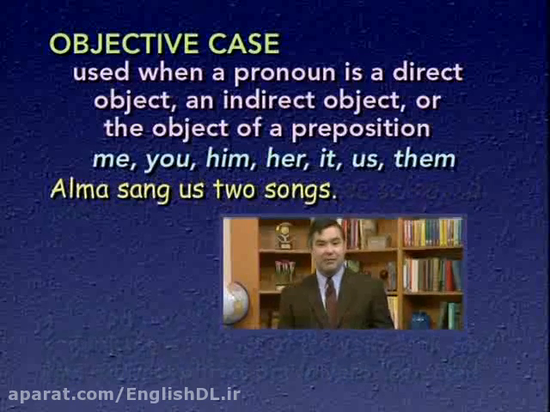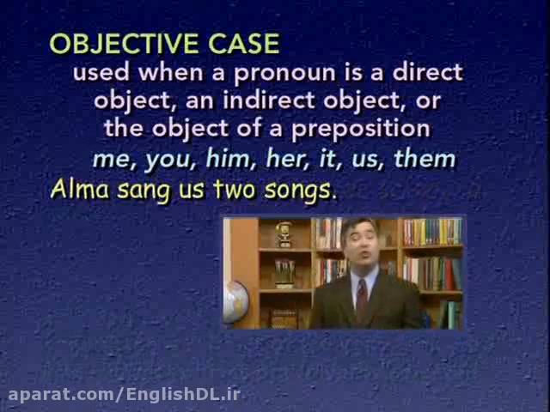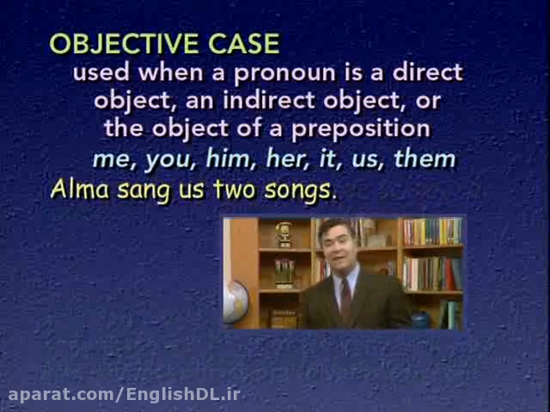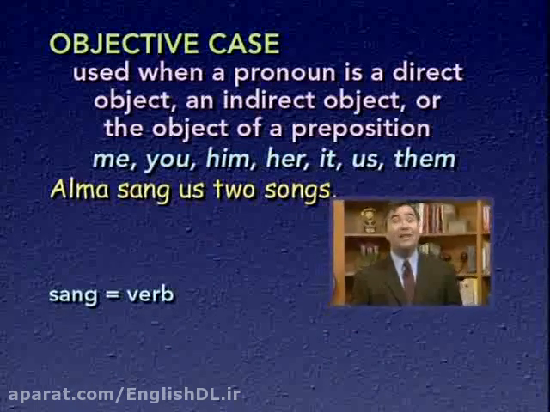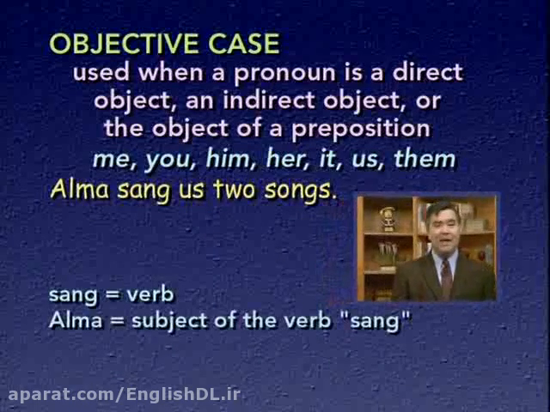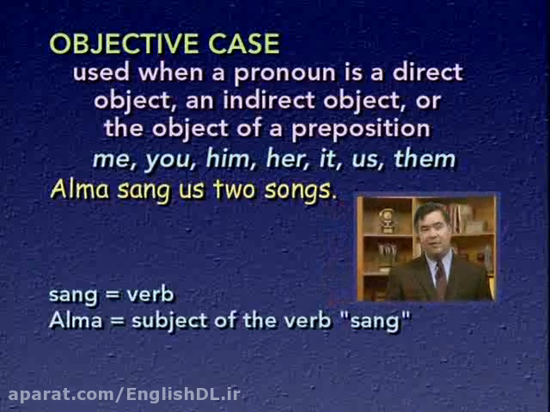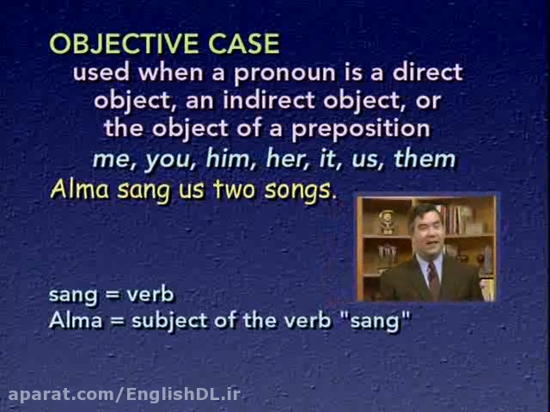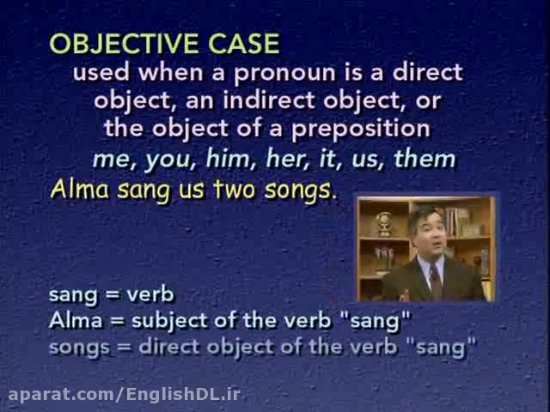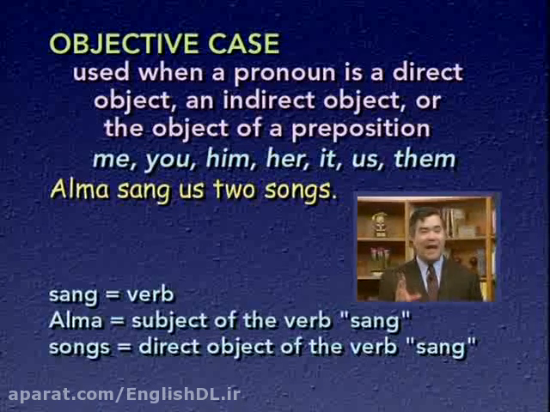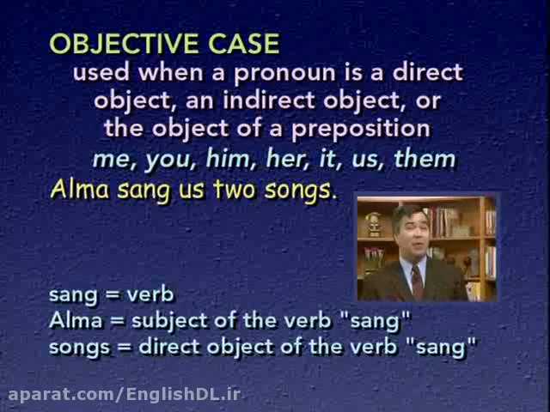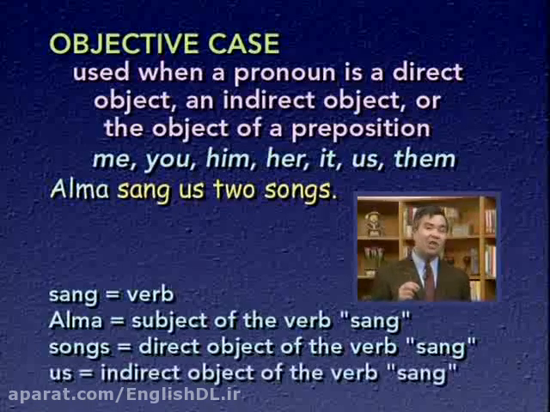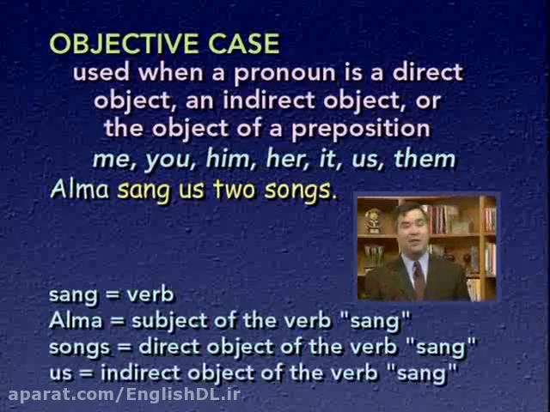Look at this example. Alma sang us two songs. What's the verb in this sentence? The verb is sang. What's the subject of the verb? Who or what did the singing? Alma. Now, what's the direct object of the verb? That is, what did Alma sing? She sang two songs. So songs is the direct object of the verb sang. Now, what about the pronoun us? What role, what function does us play in this sentence? In this case, us is the indirect object of the verb sang.